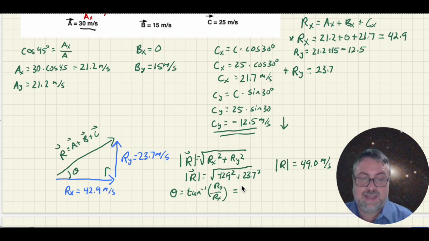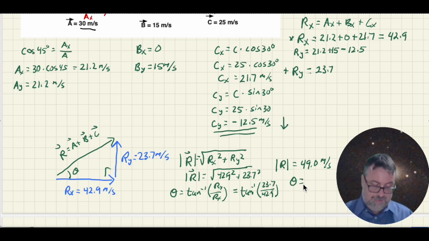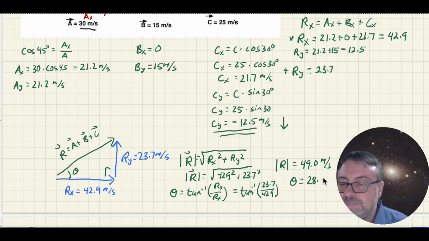This will work out to be the inverse tangent of 23.7 divided by 42.9, which gives me an angle of 28.9 degrees. And there is my answer.